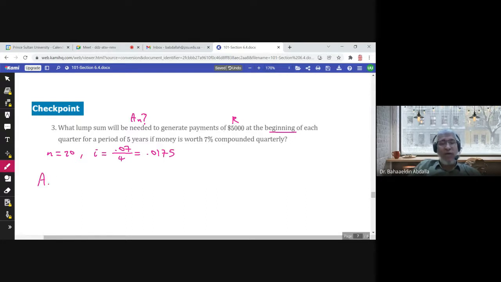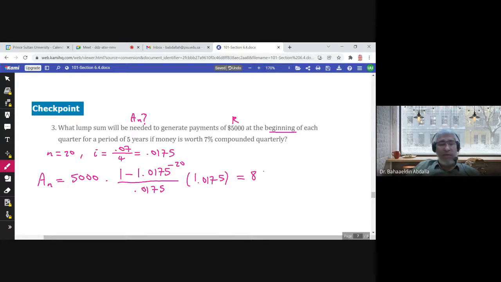So A_n would be 5,000 (R) times (1 minus 1.0175 to the power negative 20) over 0.0175 times 1.0175. Just put this in the calculator.